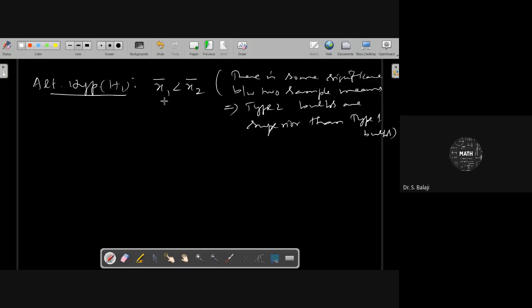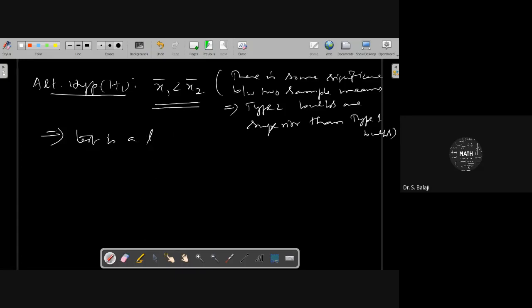X1 bar less than X2 bar is a left tail test, but for the t test you can use single tail, one tail or two tail.